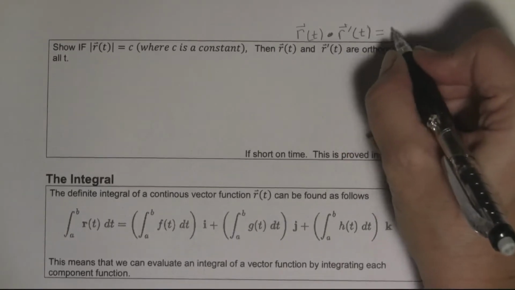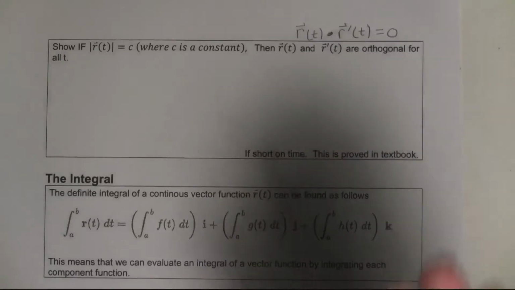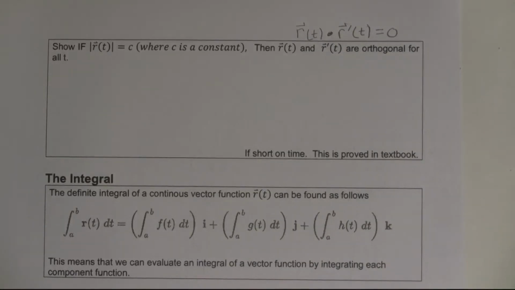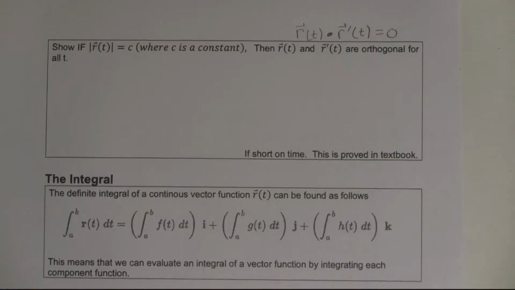Yeah, equals 0. And that's what I'm going to try to build on. All of these kinds of proofs have some trick that once you start with, then you can just go with.